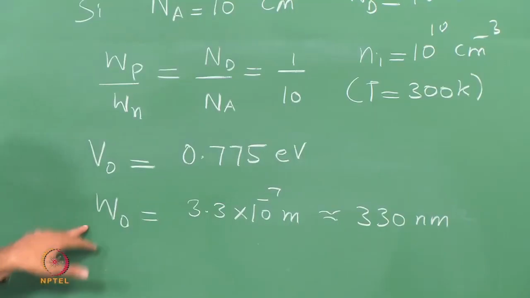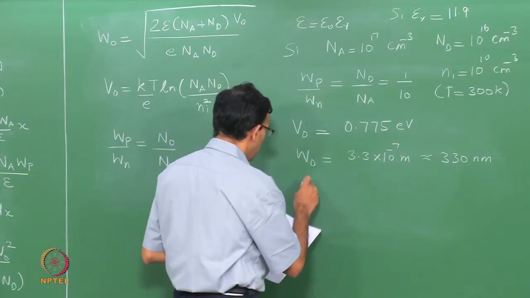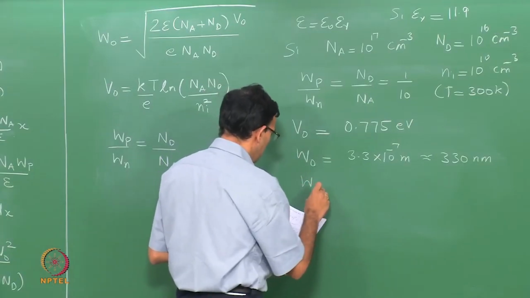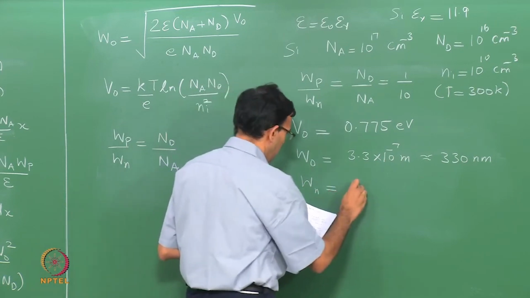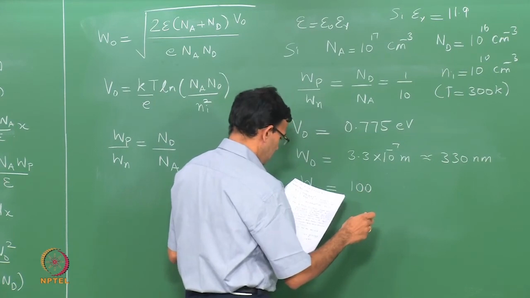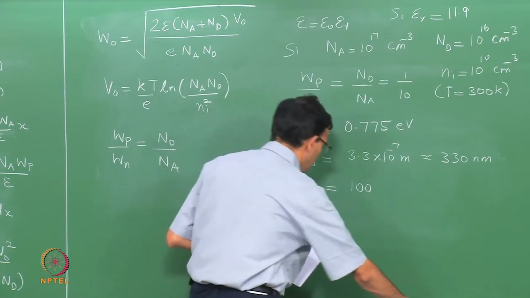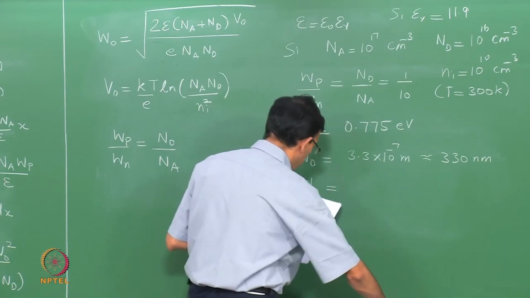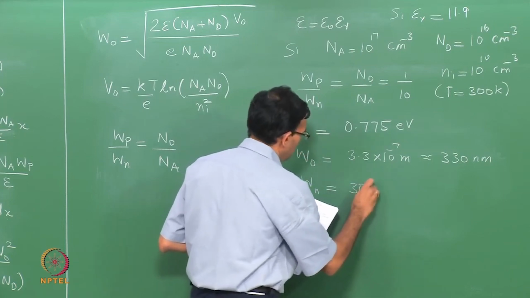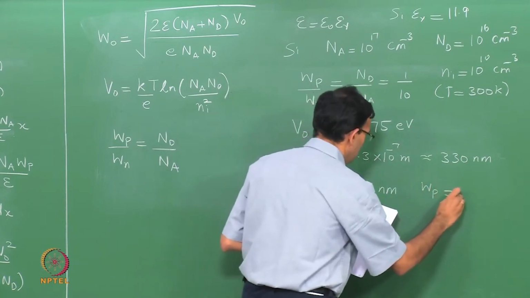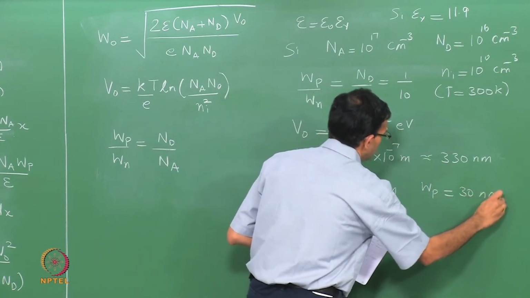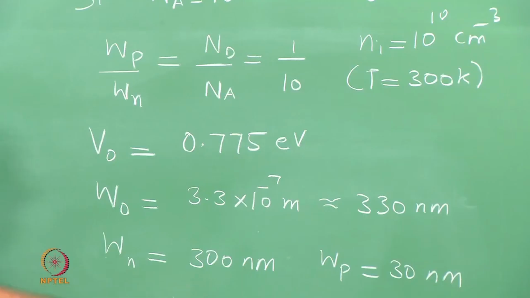You can also calculate the individual widths by using the ratio. If you do that, we get Wn to be around 300 nanometers and Wp to be 30. So, that this ratio of 1 over 10 is maintained.